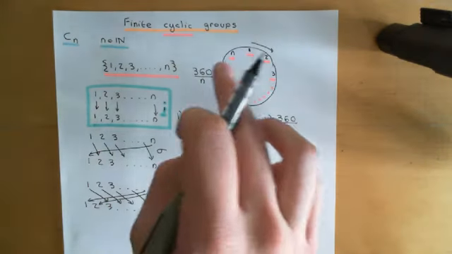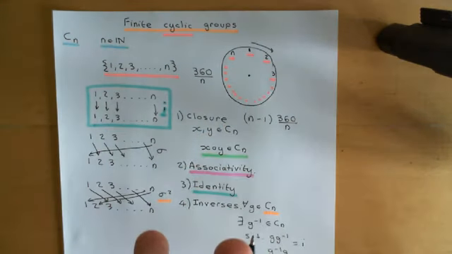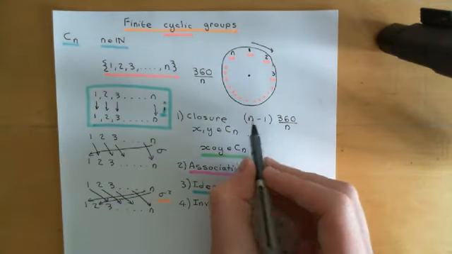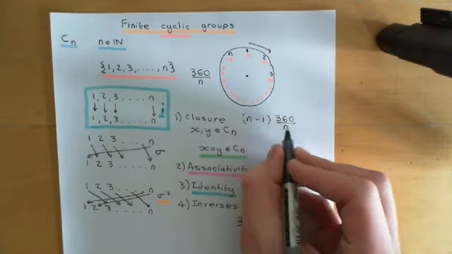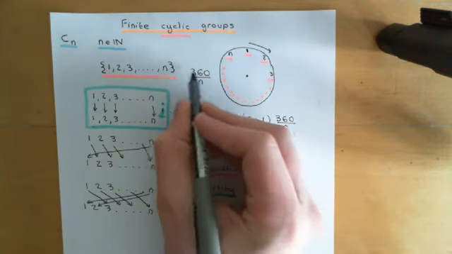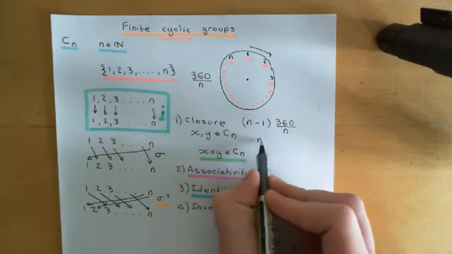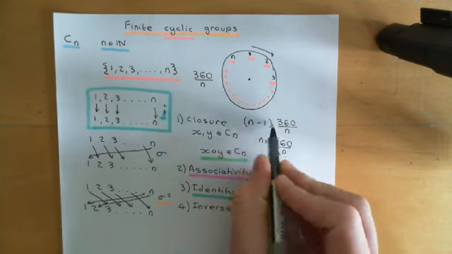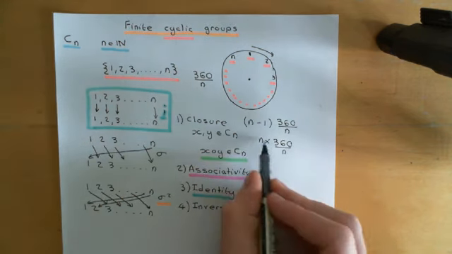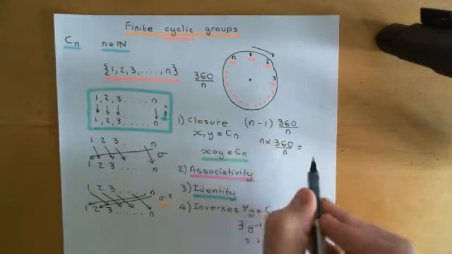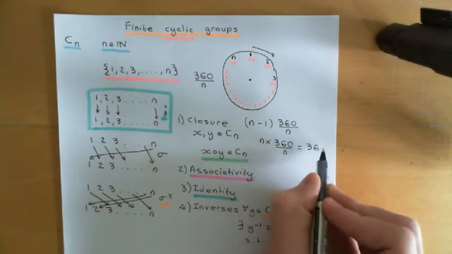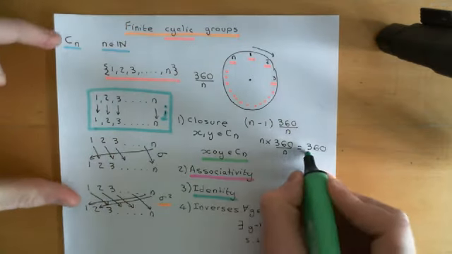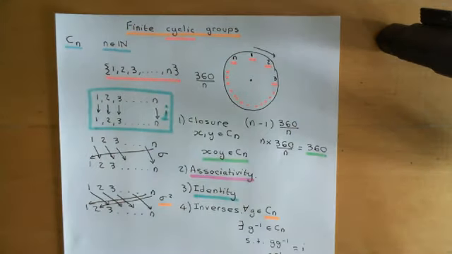And that will overall mean that how much do we rotate by? Overall, we rotate by these two added together: n minus 1 times this plus 1 times this gives us n times 360 divided by n degrees. I've just added this one to this one. Of course, the n's cancel, so we have rotated by 360 degrees, and when you rotate by 360 degrees, that's equivalent to doing nothing.